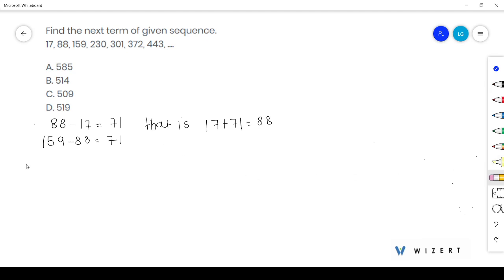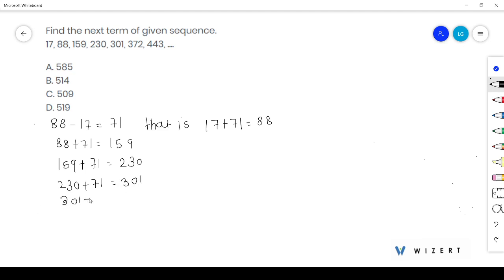So for the next term, after adding 71 to 88, we will get 159. Then 159 plus 71, we will get 230. 230 plus 71 is 301.